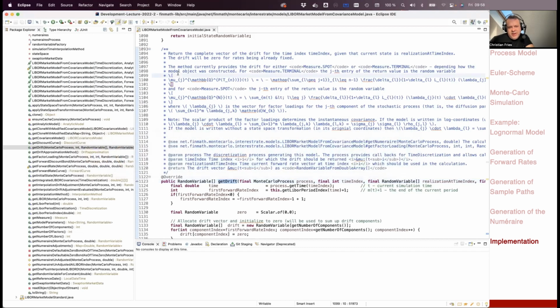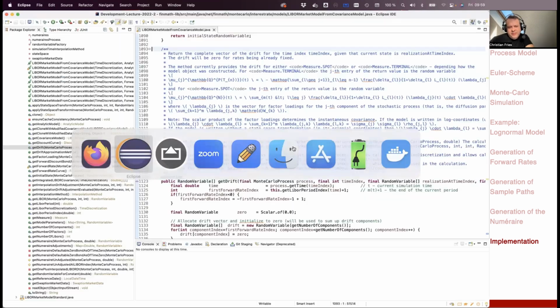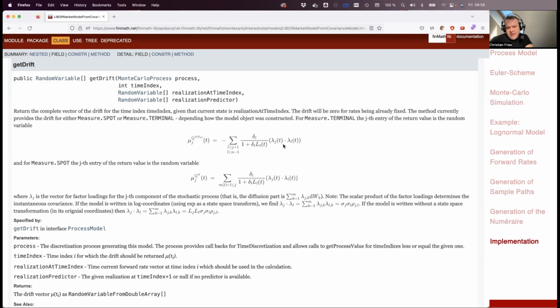And you see you can even write LaTeX inside. And this method implements the two drifts for spot and terminal measure using our model in the form where we use the lambda. Okay, this here is nicely written, a bit shorter as a scalar product.